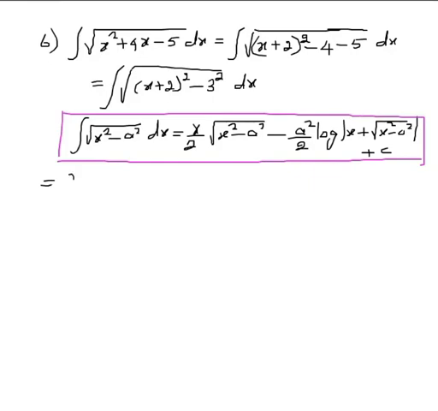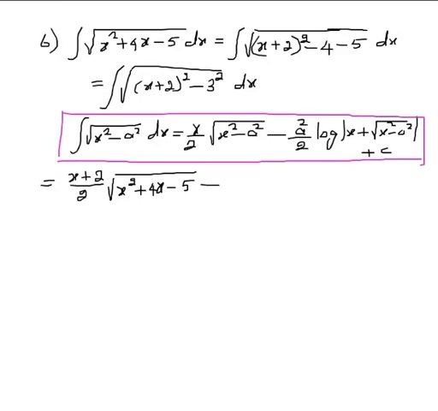Equal to x in this question is x plus 2, divided by 2, root of x square minus a square expression, which is (x plus 2) the whole square minus 3 square, this expression. If you open the brackets and simplify, you get the expression which is given in the question.